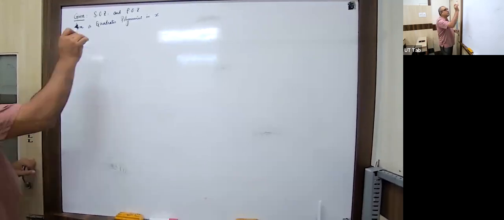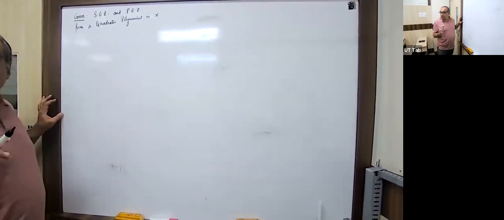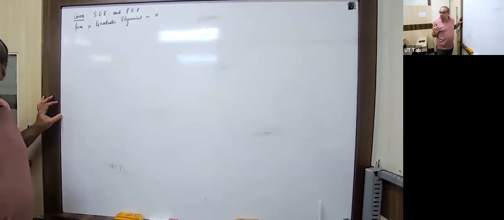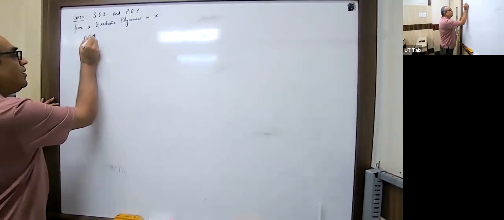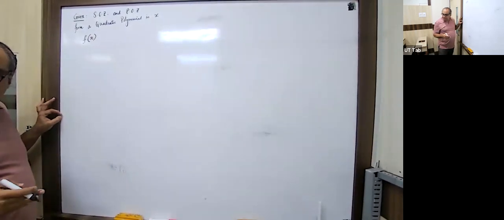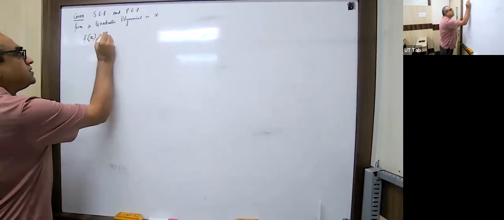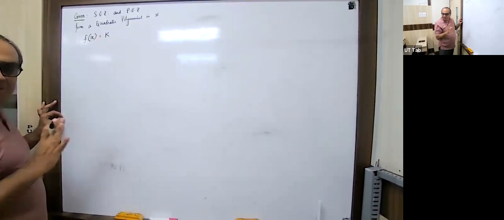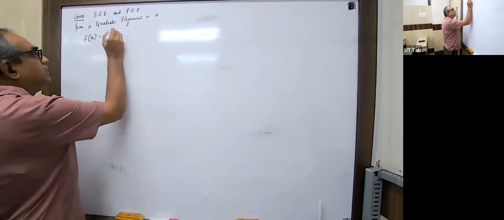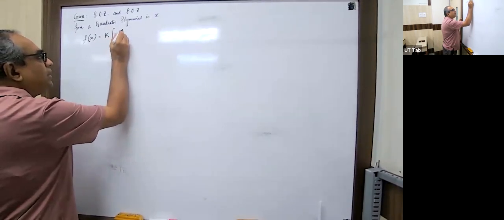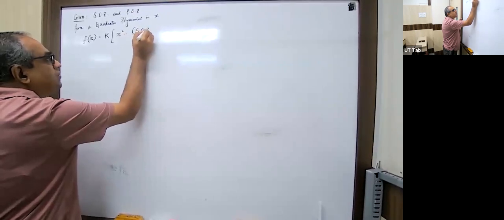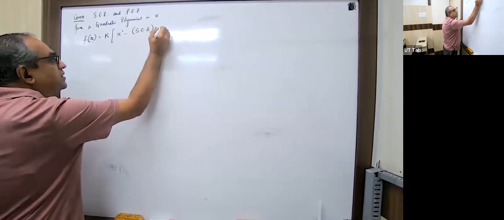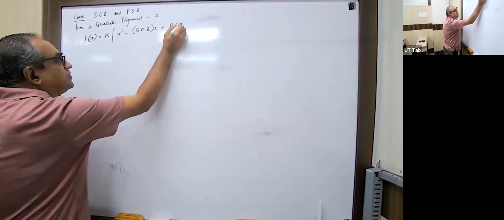Supposing you are given the sum of the zeros and product of the zeros, and you were asked to form a quadratic polynomial. Then the method is to write a quadratic polynomial p of x or f of x is given by k, where k is any real number, into x squared minus sum of the zeros into x plus product of the zeros.